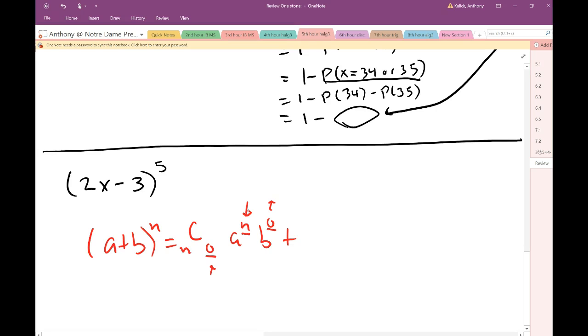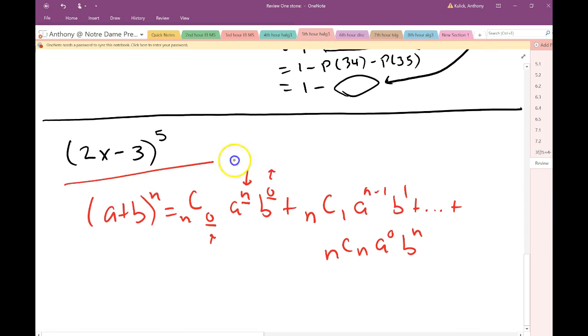And we finish when we've iterated from 0 to n. So the spots that are zeros finish when they're now n's, or the spot that was n is now a 0. So that's how we know when we're finished. So the next one would be n choose 1, a to the n minus 1, b to the first, and we do that a whole bunch of times, and we finish at n choose n, a to the 0, b to the n.